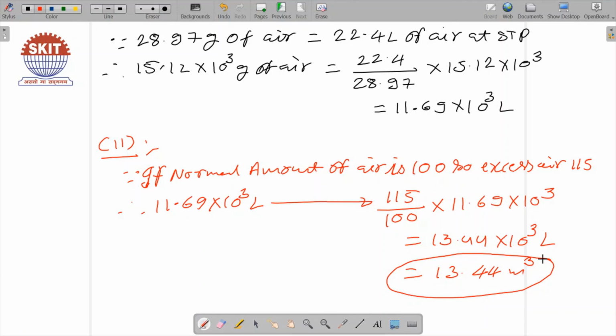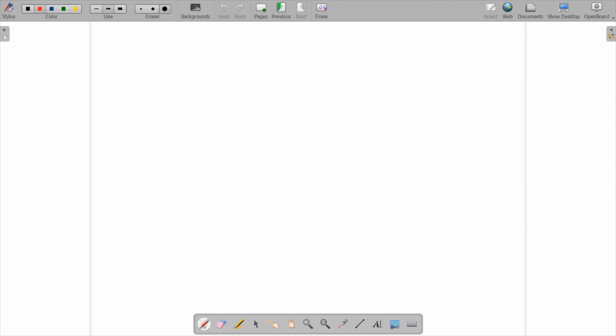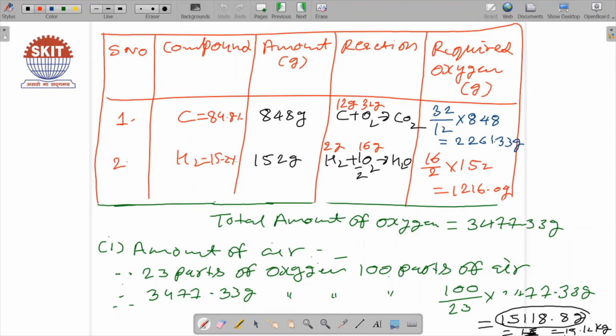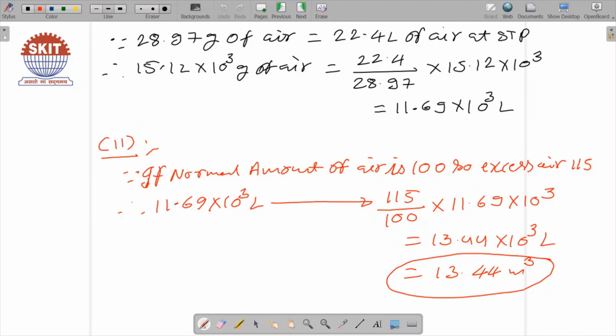This is the excess air amount. And this 15.12 kg is the required air, the normal value. And this is the final answer with excess air.